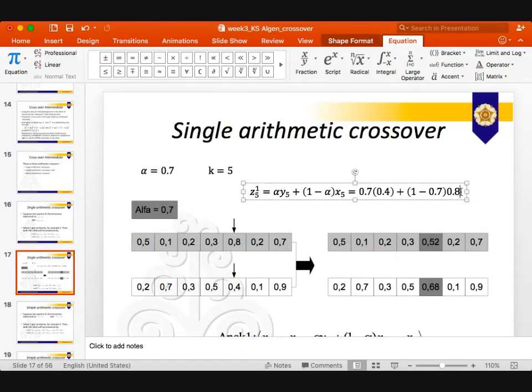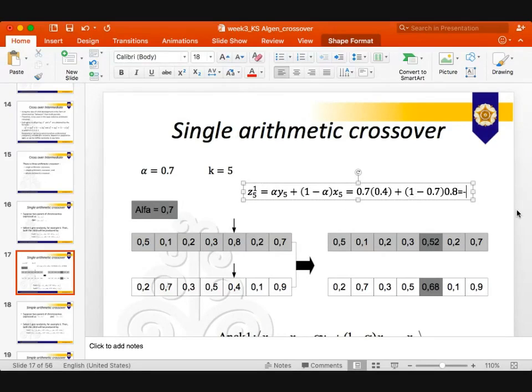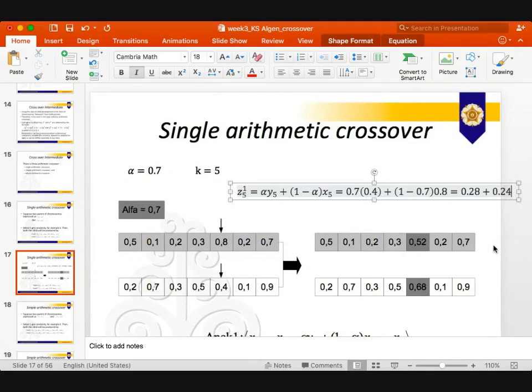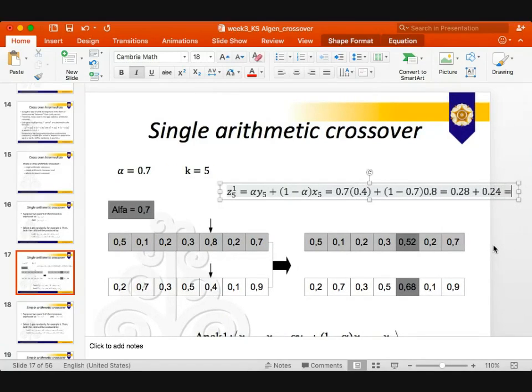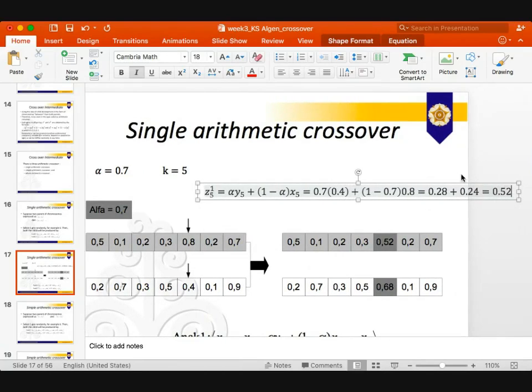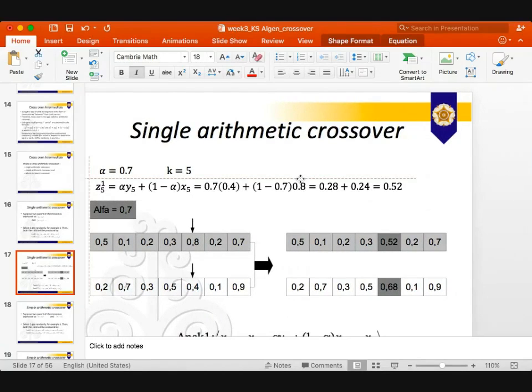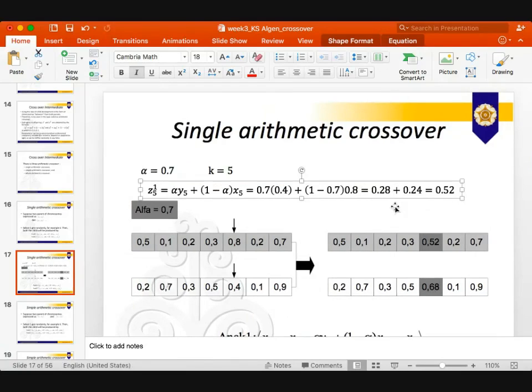So this is 0.28 plus 0.24, which equals 0.52. This is for offspring 1 in locus 5. You can see here 0.52.